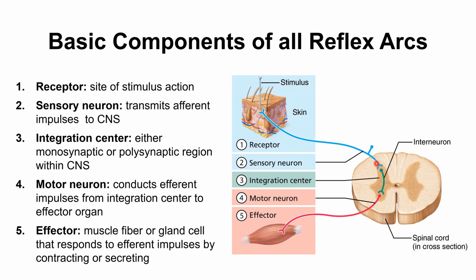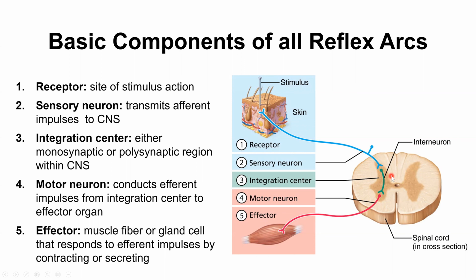These regions are either going to be mono or polysynaptic, but the integration center is always within the central nervous system. So it's either going to be in the brain or in the spinal cord.